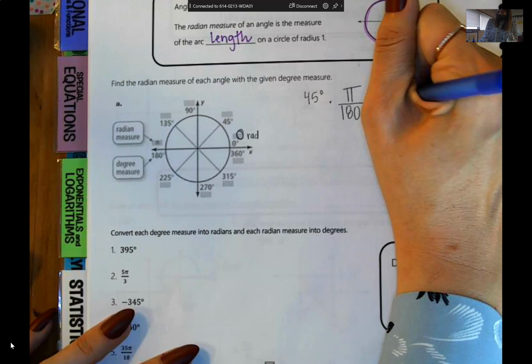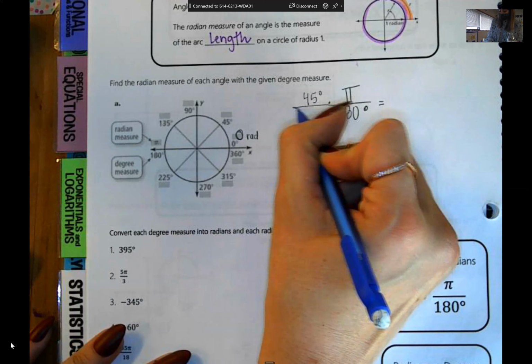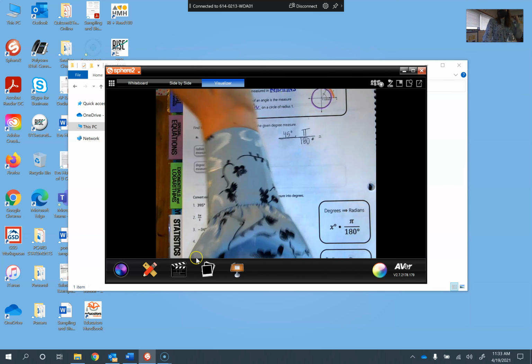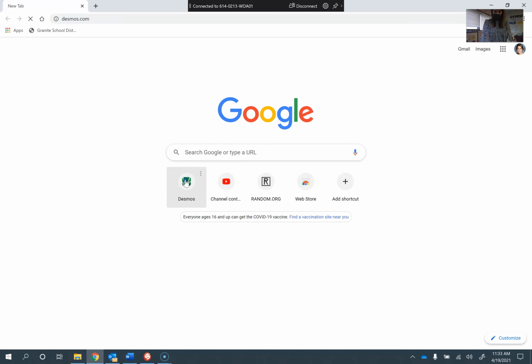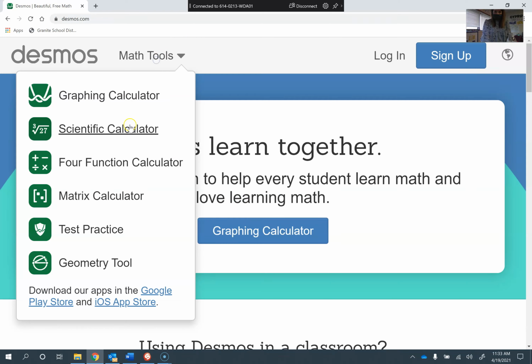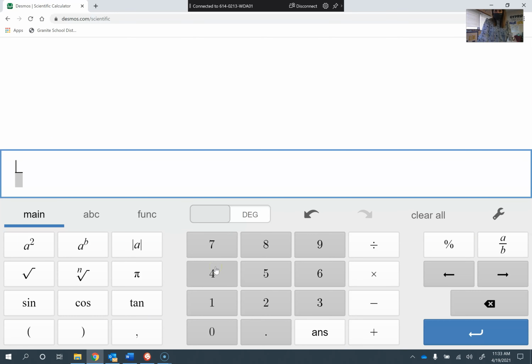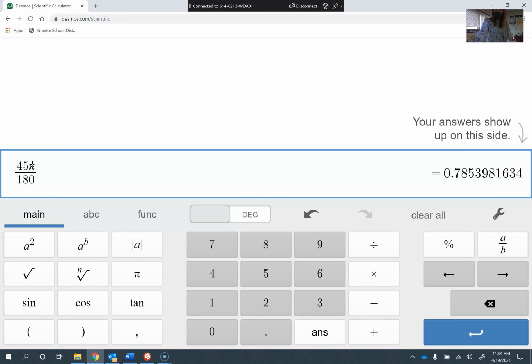So what we would plug into Desmos is 45 over 180. So I'm going to extend this fraction line, and now I'm going to go over to Desmos. I'm going to click on my calculator. I wonder what would happen if I put the pi in. So 45 pi, because pi is just one of my buttons, over 180. Look, it won't let me change it back. Okay, so take the pi out. That ain't a good idea.